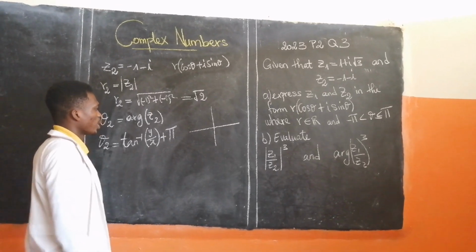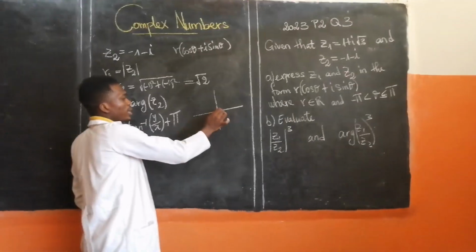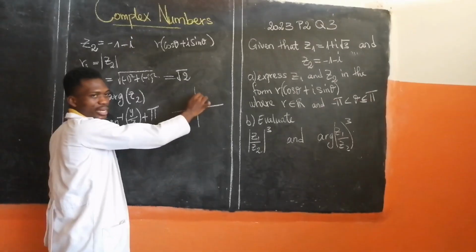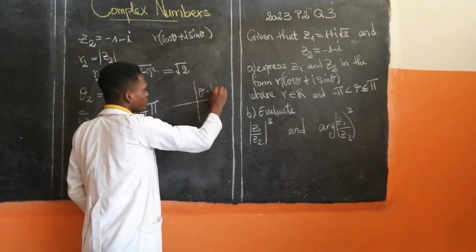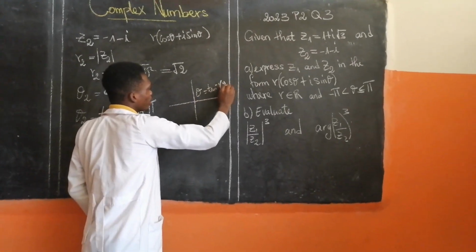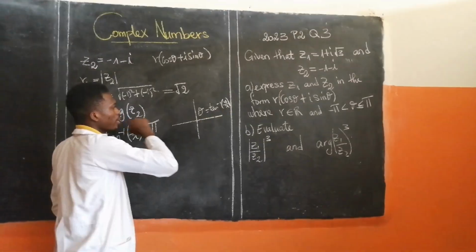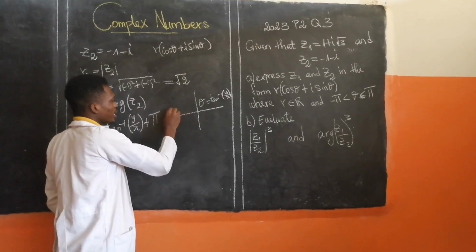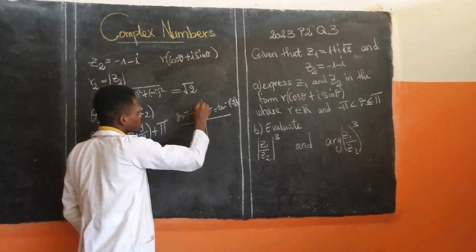Generally, if we want to find the argument of any complex number, provided that complex number can be plotted in the first quadrant, then theta is simply the tan inverse of y on x, no matter the sign. In the second quadrant, theta is equal to pi minus the tan inverse.